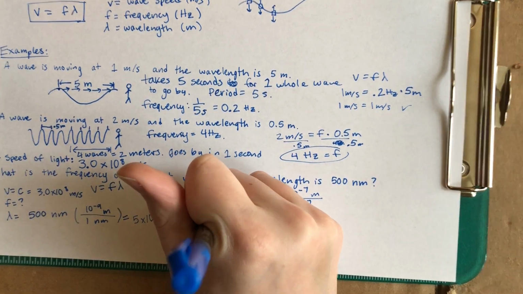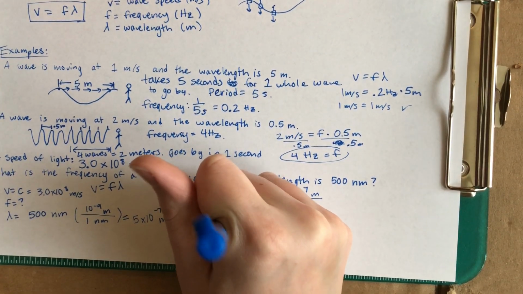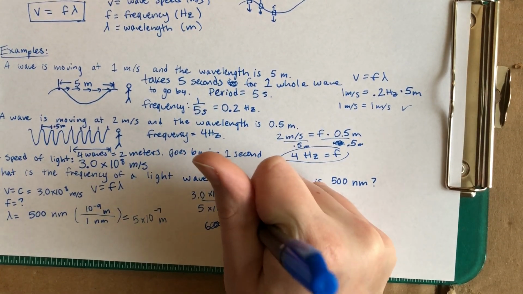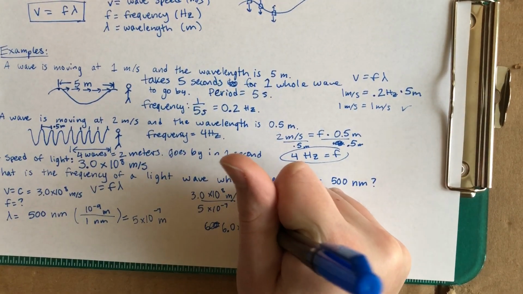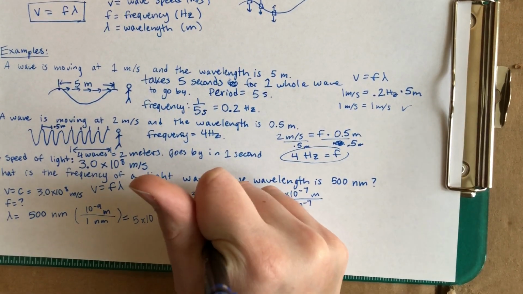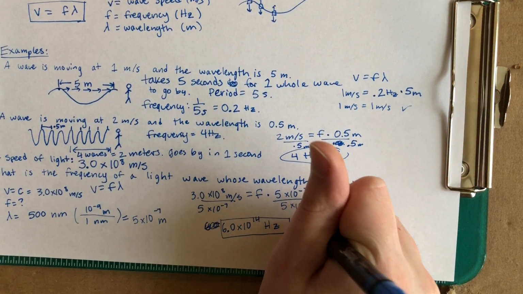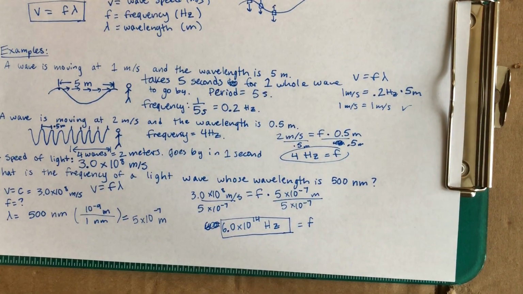So I think we will get 6.0 times 10 to the 14th hertz as the frequency. But I did do that in my head. I don't have a calculator on me, so you might want to double check that. But I think it works out.